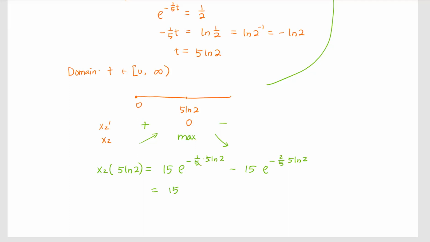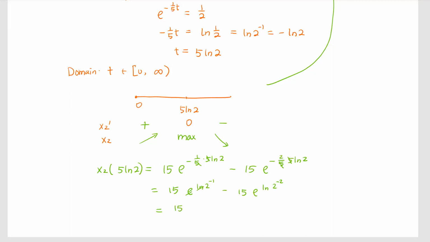The 5s cancel. This is the same as e to the ln of 2 to the minus 1. Yeah, we can move the minus 1 on top of the 2. And then here the 5s cancel. It's the same as e to the ln of 2 to the negative 2. We can move the negative 2 on top of the 2. So then e and ln cancel.